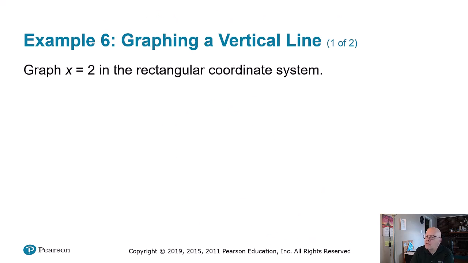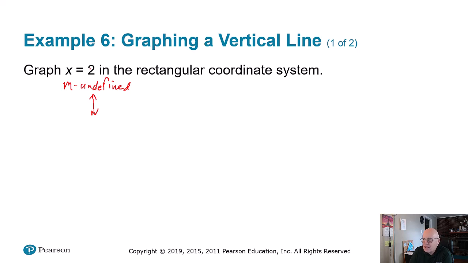Okay, if you've memorized that triplet I mentioned, x equals 2 should immediately say the slope is undefined and it's a vertical line. There is some beauty to memorizing just a little bit those two triplets about y equals some number and x equals some number.